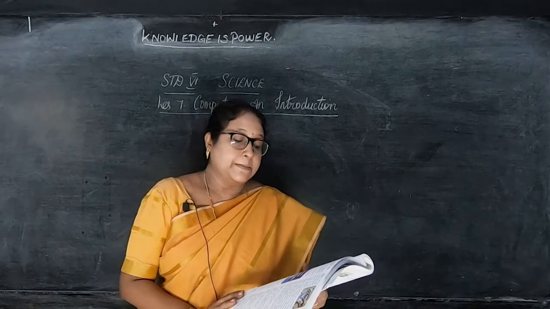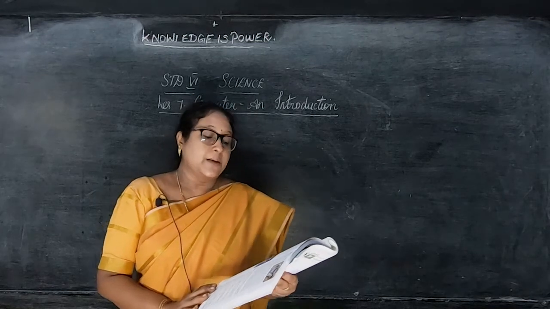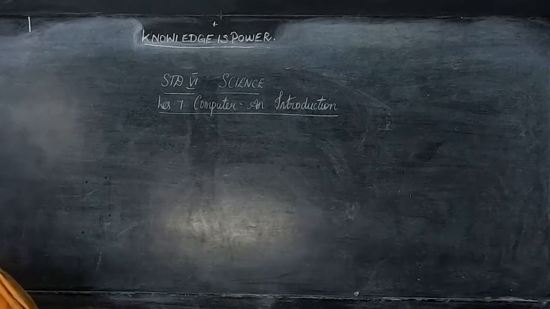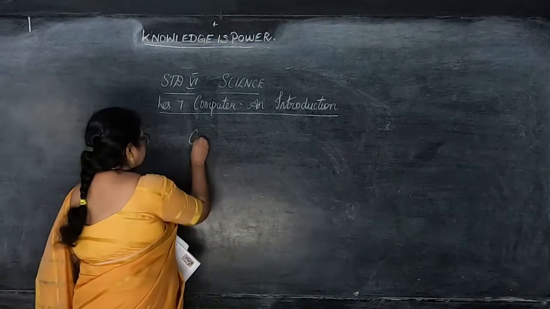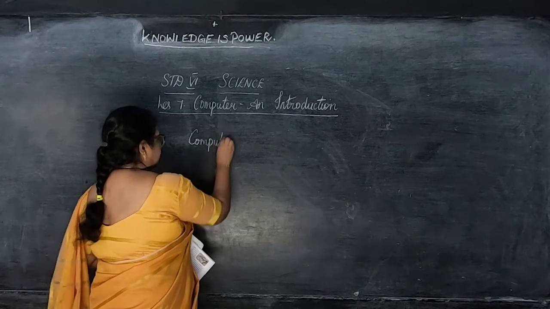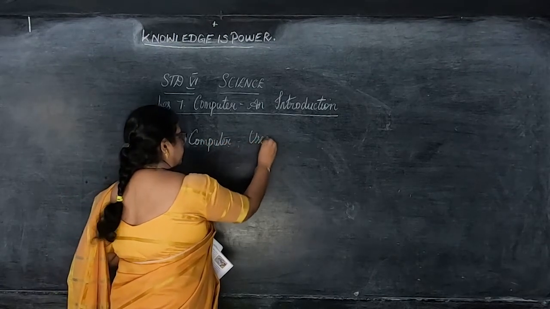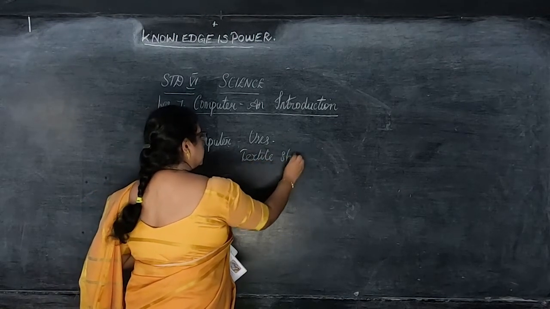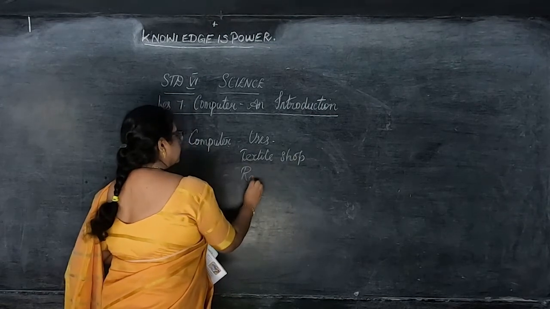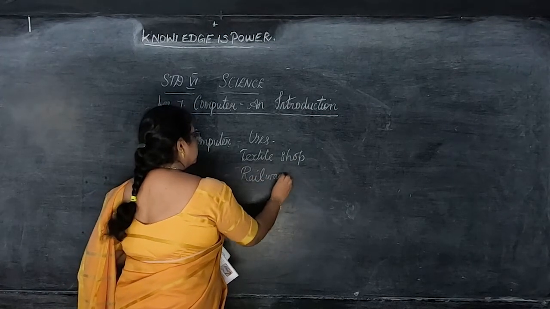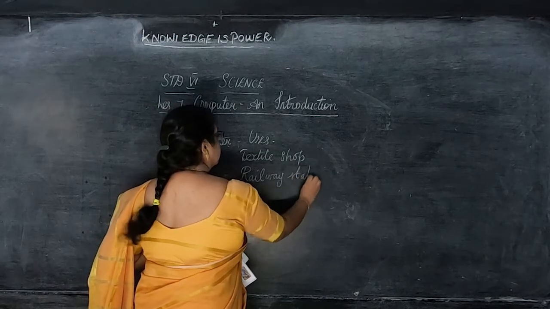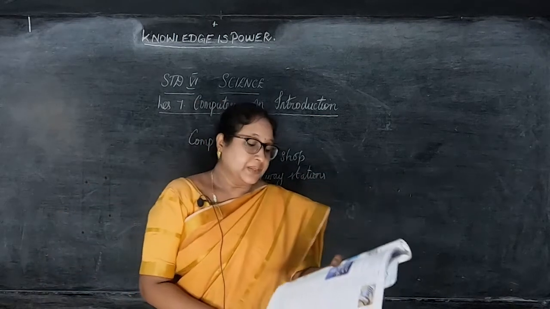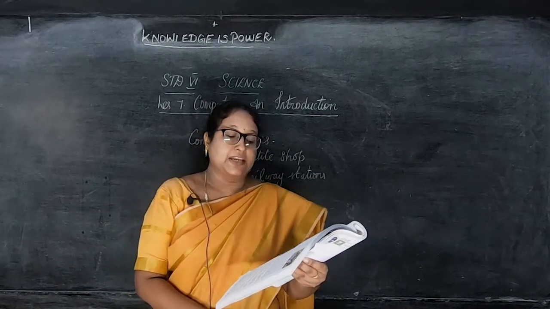Then Selvi said, "Malar, not only in textile shops, but it's also used in railway stations, banks, ATMs and in many places."